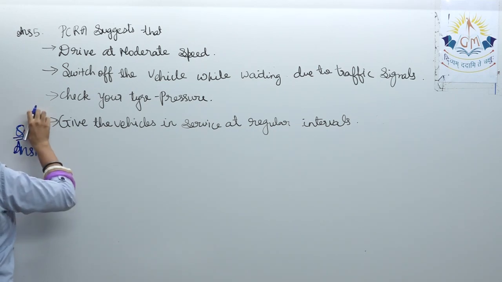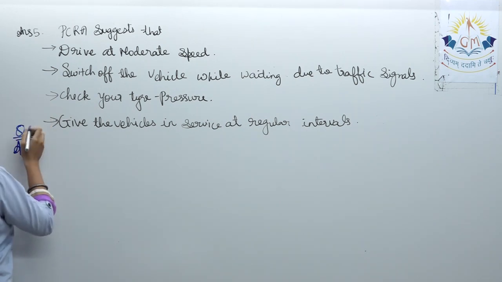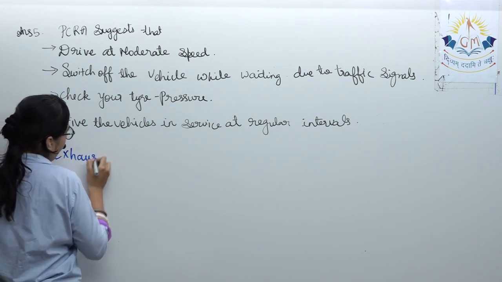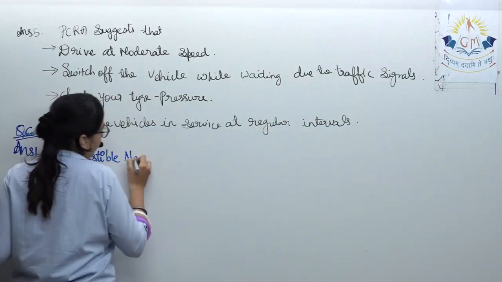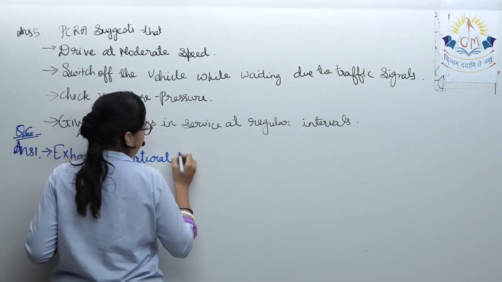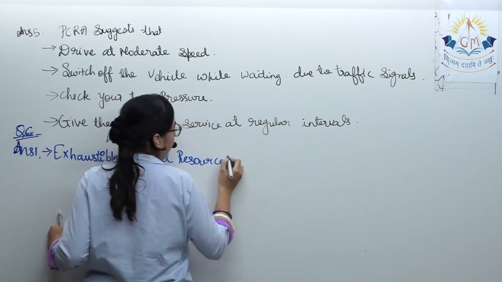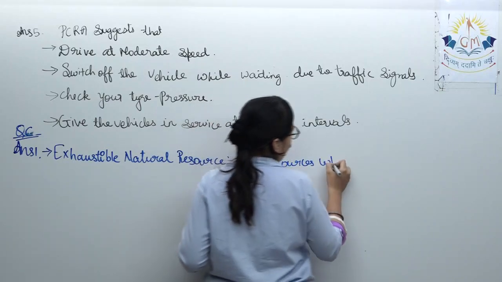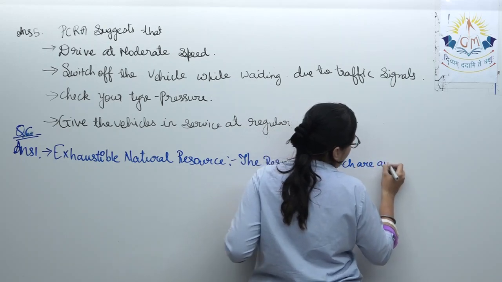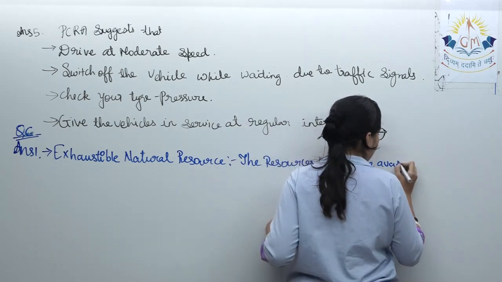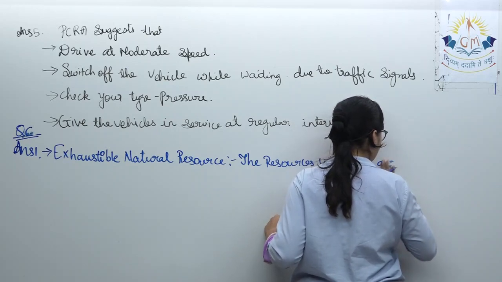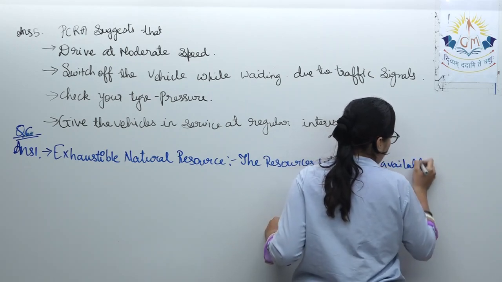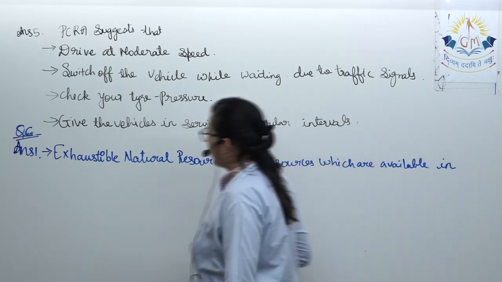These are long answers. Question C. Exhaustible natural resources are those which are available in limited quantity.